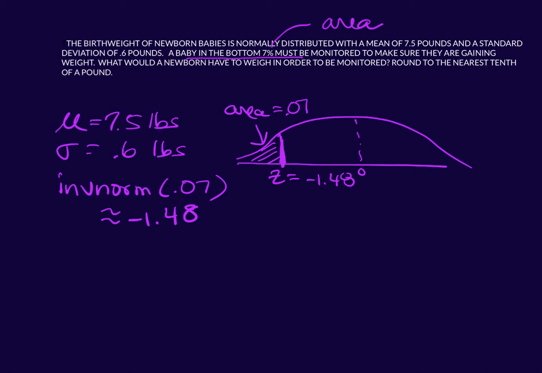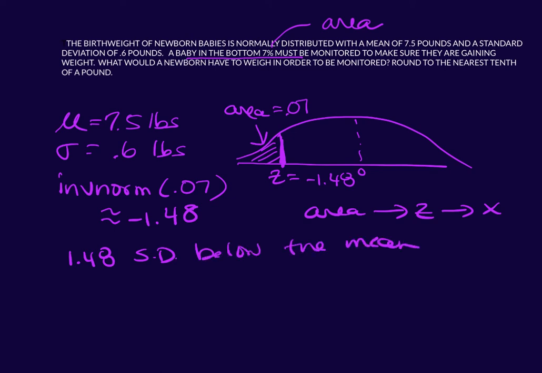So my next step is, so far we've taken our area and converted it back into a z-score, and our last thing is to convert that into an x value. We have the formula that we wrote in class, but even easier to think about is that in order to be in the bottom 7%, we need to be 1.48 standard deviations below the mean. I have to be below the mean, which is why my z-score came out negative.